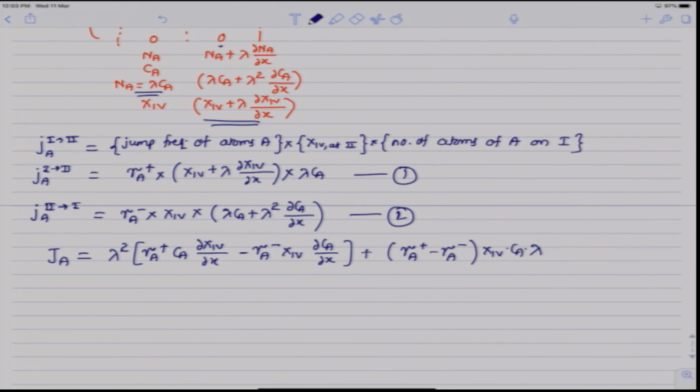So now it will be clear why we evaluated the difference between gamma A plus and gamma A minus. Let us denote this as equation 3.